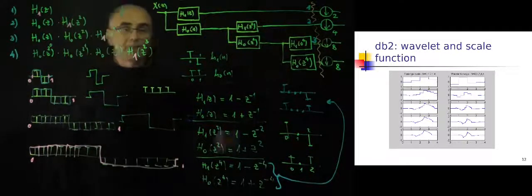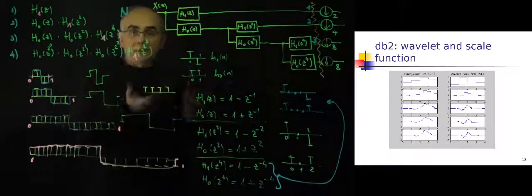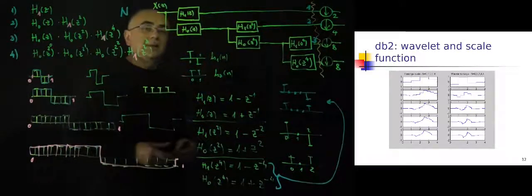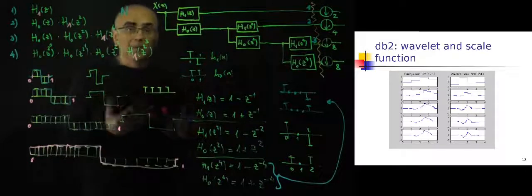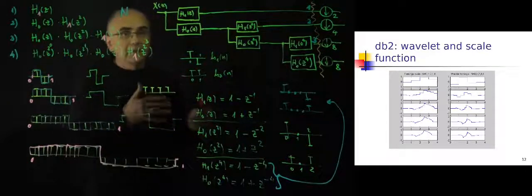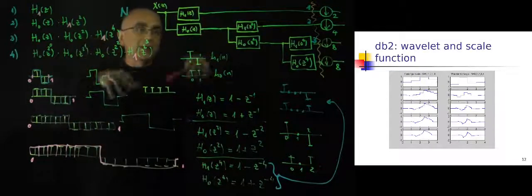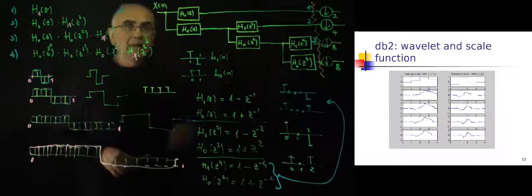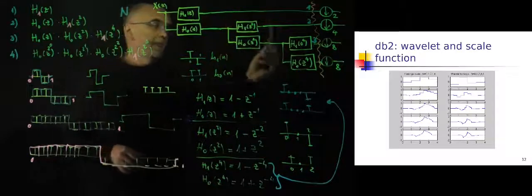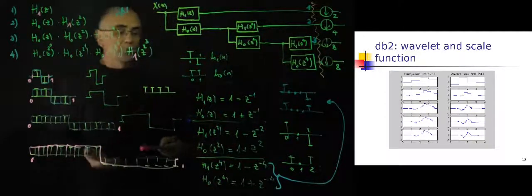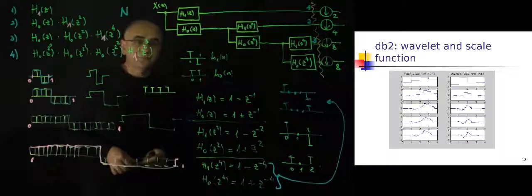The outputs of the high pass filters are what we are actually looking at, and the other outputs are kind of helping functions. The scale function helps in the construction of the other side, the high pass side, which corresponds to the wavelets.